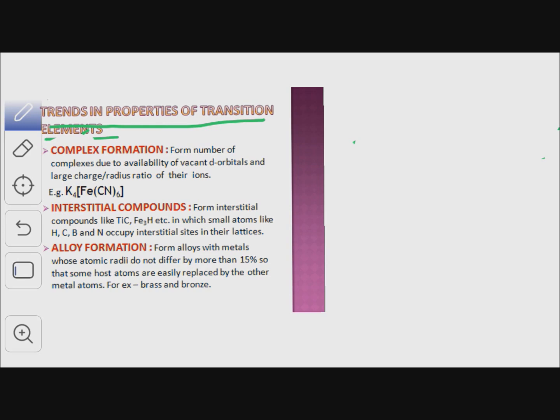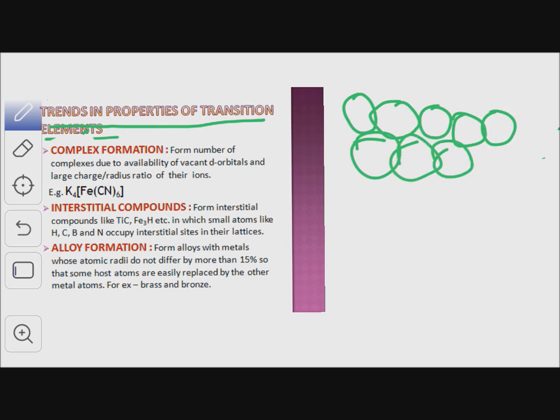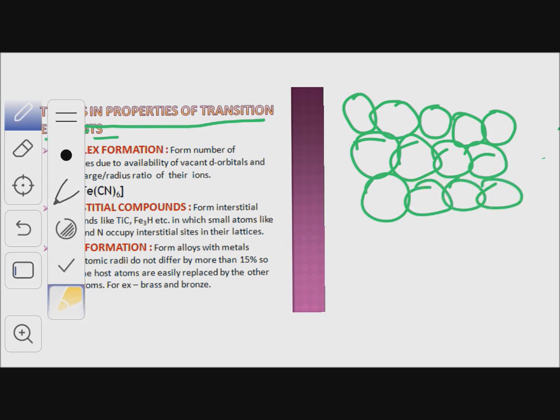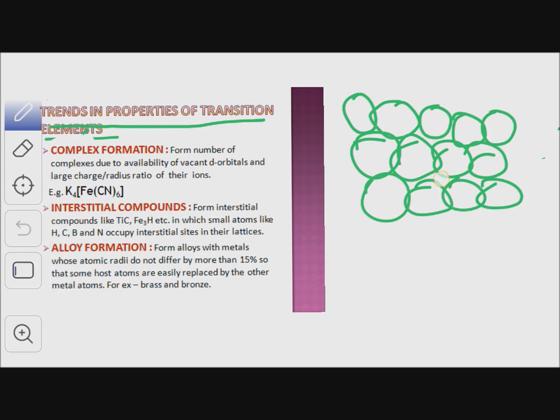For example, suppose this is a crystal lattice of a transition element. And these are the empty spaces or vacant spaces or interstitial sites.